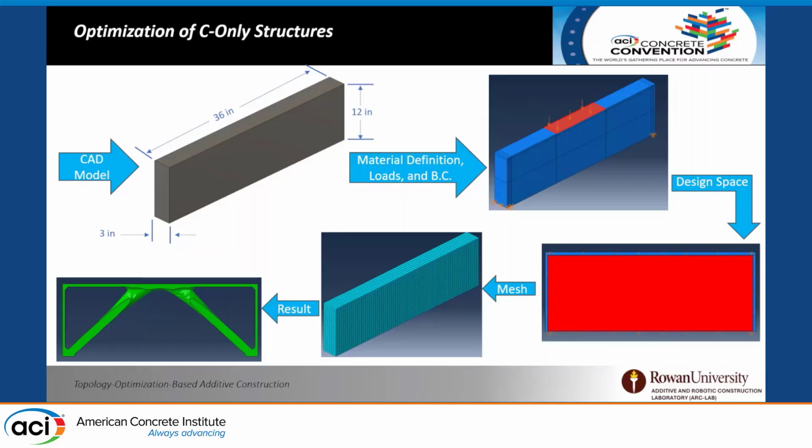And so to get the bridge shape, and in order to account for our nozzle size, I created a mesh size that was 0.5 inches, and that is because our nozzle size is 0.5 inches.